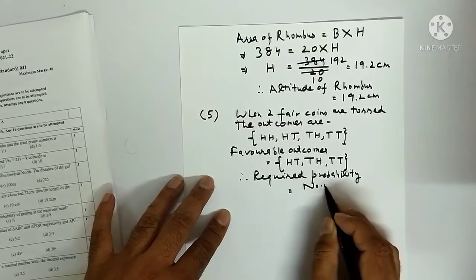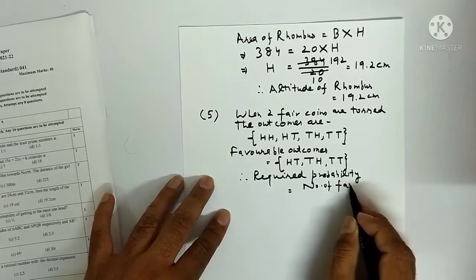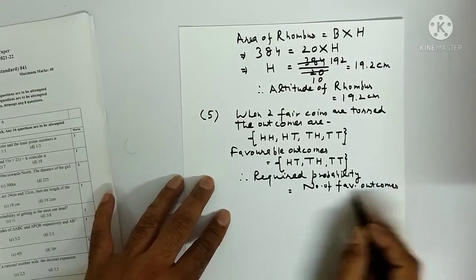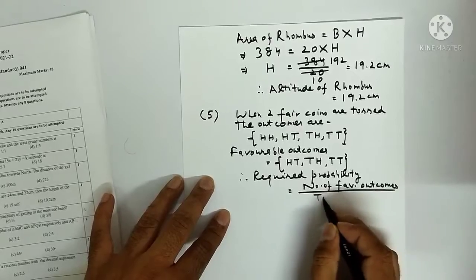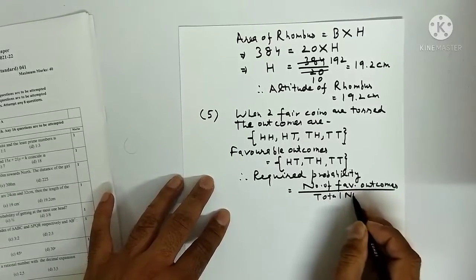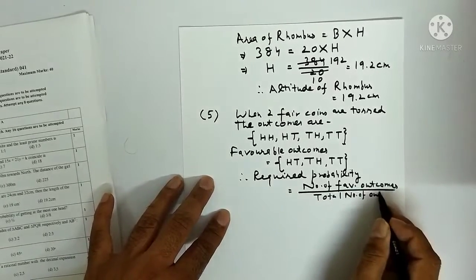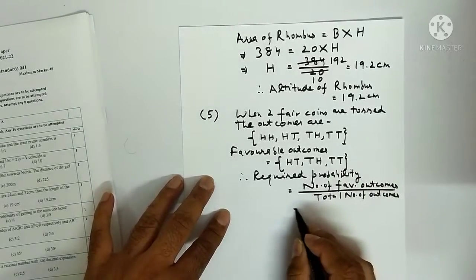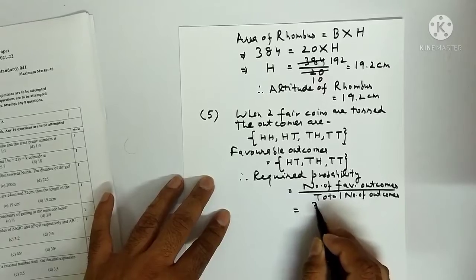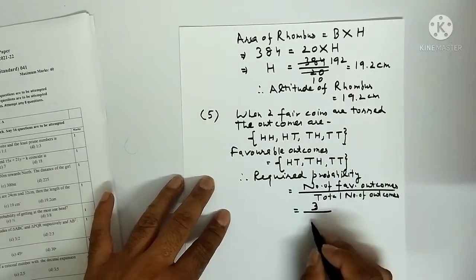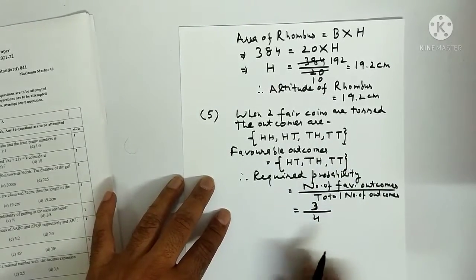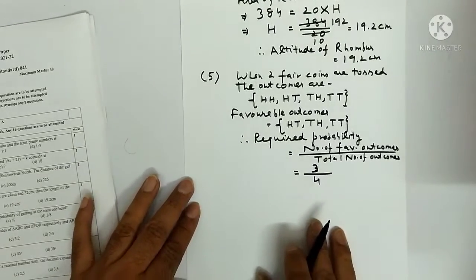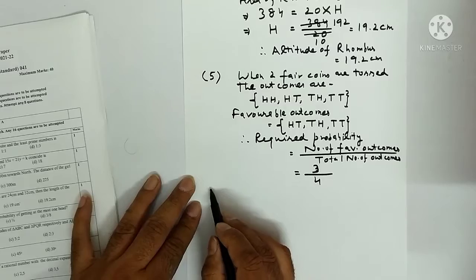So formula same, number of favorable outcomes upon total number of outcomes. So favorable outcomes are how many? Just now these are written, these are 3, and total outcomes that are written here 4, 3/4. So here option number A will be the correct option. Now question number 6.